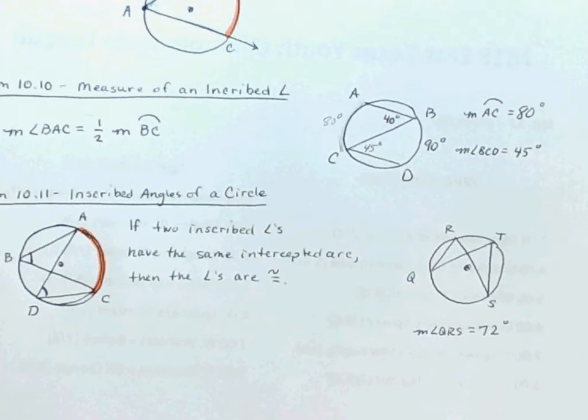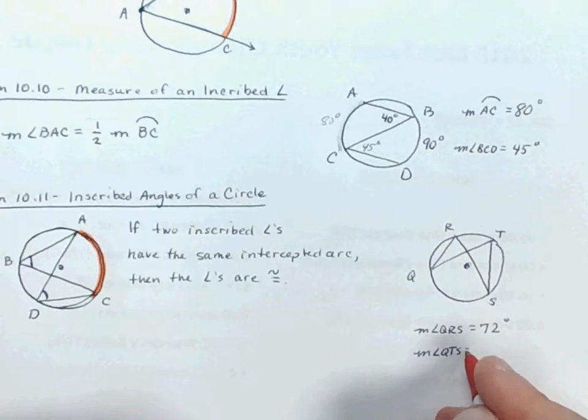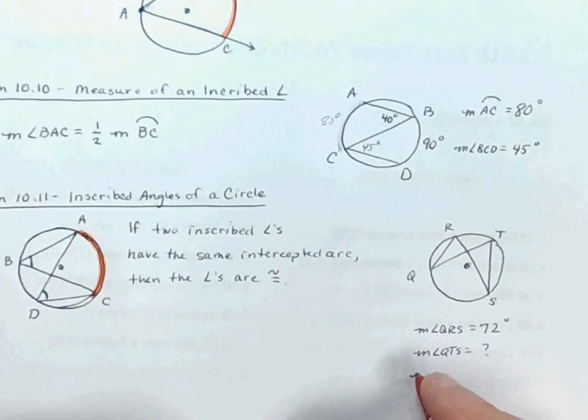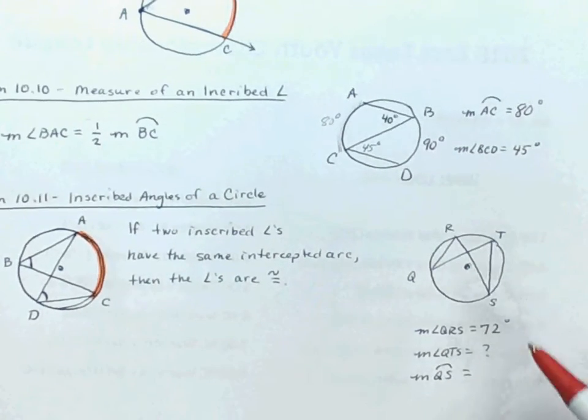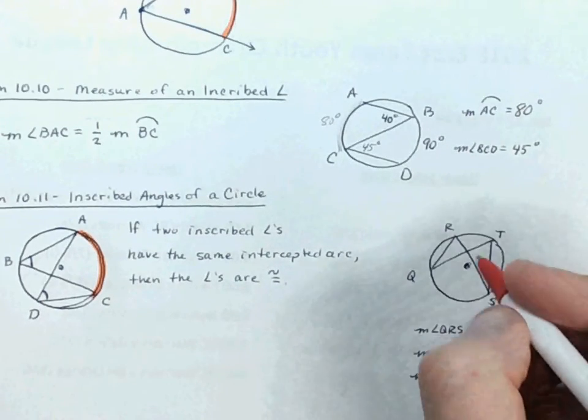What we want to do is find the measure of angle QTS and the measure of arc QS. So they're telling us that QRS is 72 degrees.